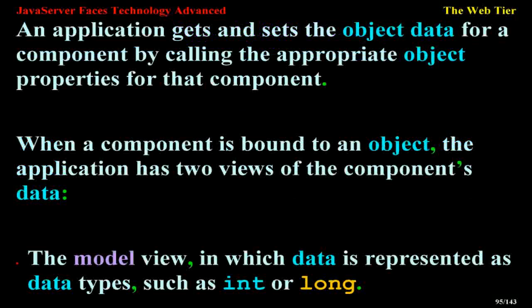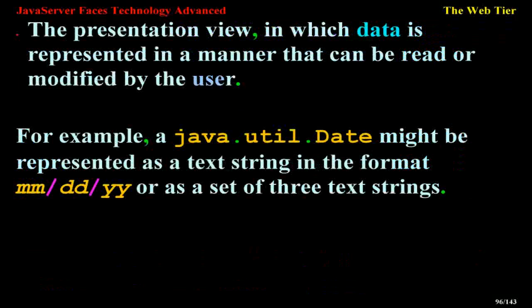The model view, in which data is represented as data types, such as int or long. The presentation view, in which data is represented in a manner that can be read or modified by the user. For example, a java.util.Date might be represented as a text string in the format mm/dd/yy, or as a set of 3 text strings.